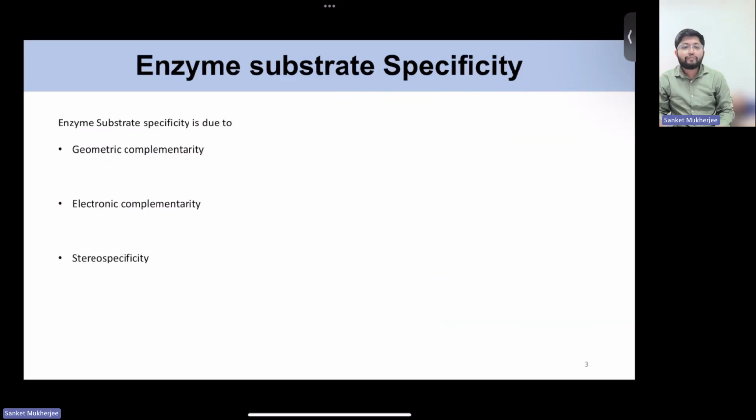But anyway, about the specificity of enzymes. The enzyme substrate specificity is due to three reasons. One is the geometric complementarity. What does that mean? That is basically the lock and key mechanism, as we know.